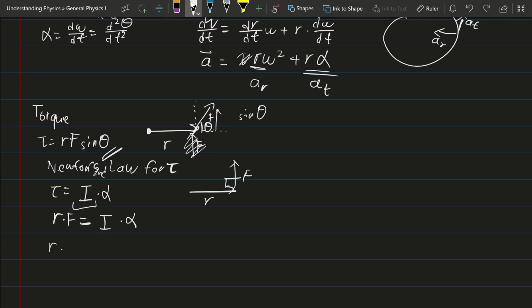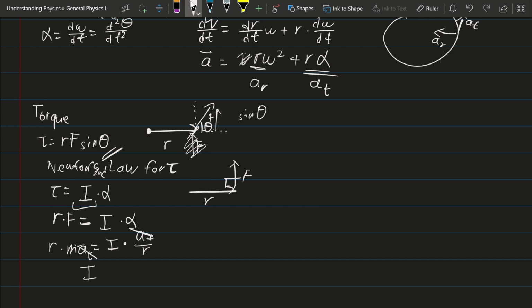And then this F could be written as M times A. And then we would have I times alpha, and we would know alpha to be the tangential acceleration, a_T over R. And notice this acceleration is also tangential, so we could write this to be tangential as well. So this will later cancel each other out.